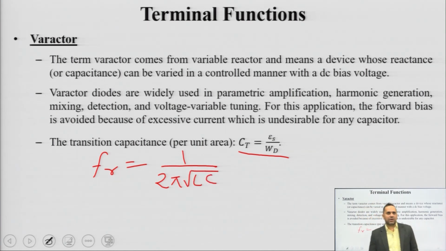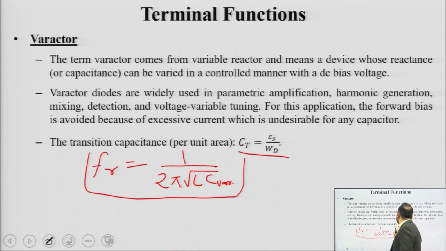If I keep L constant and vary C, if this C is variable, your resonant frequency can also be made variable. Okay. This kind of an application finds use in things like harmonic generation, parametric amplification, mixing, detection, voltage variable tuning.